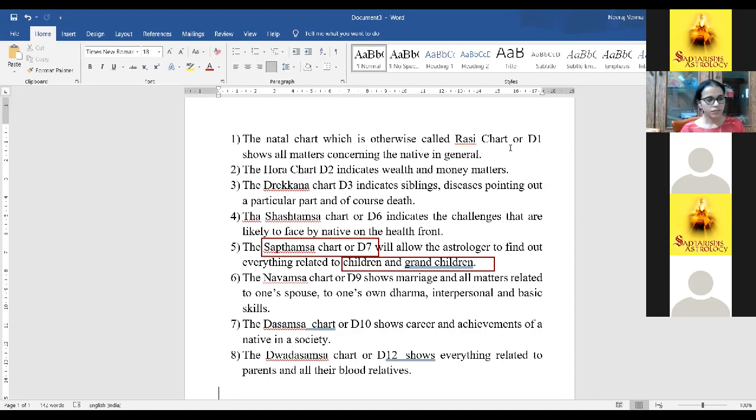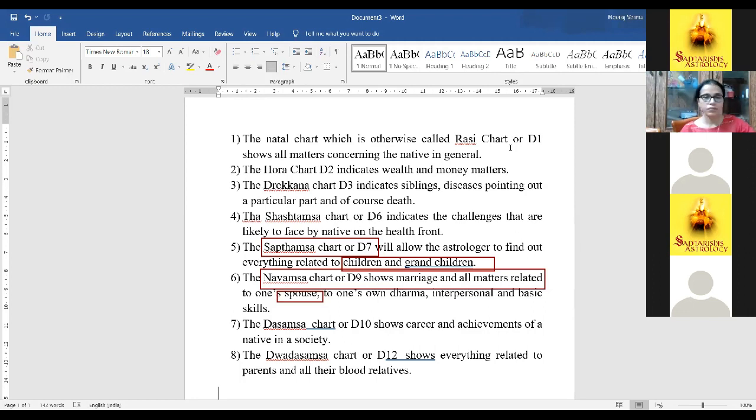So in same manner, we have Navamsha chart, D9 chart, very popular chart that shows the marriage and all matters related to spouse. There are many other descriptions of D9 chart also in every chart, so you can read about those things. So I will take only major divisional charts through which we can predict the events.